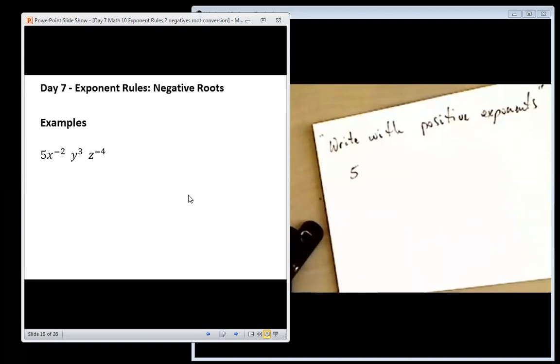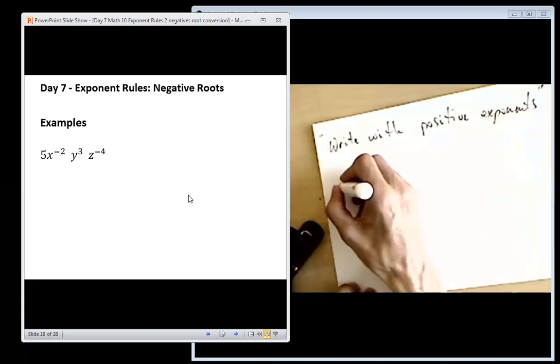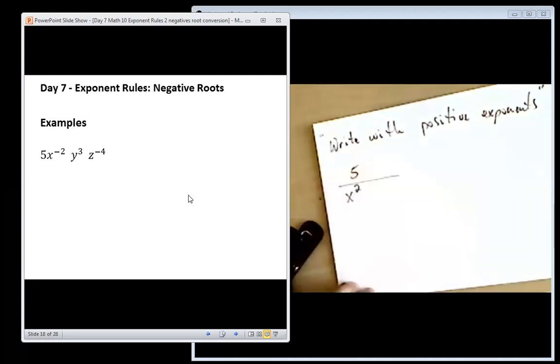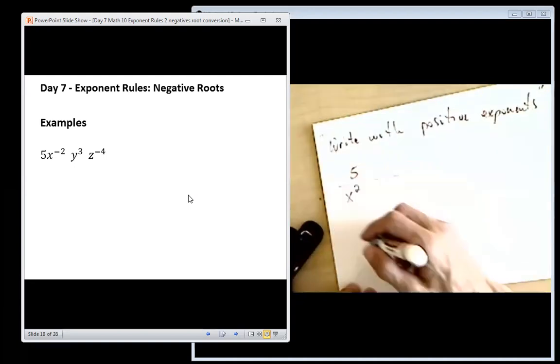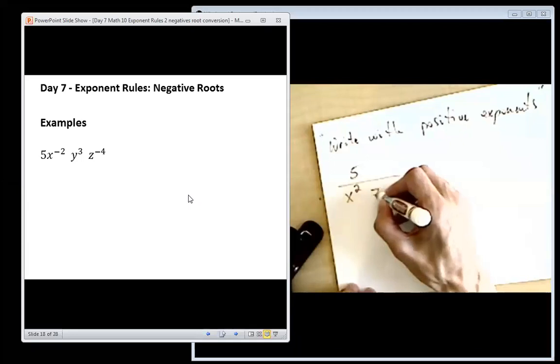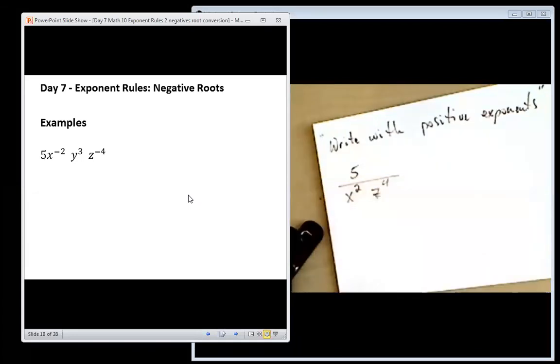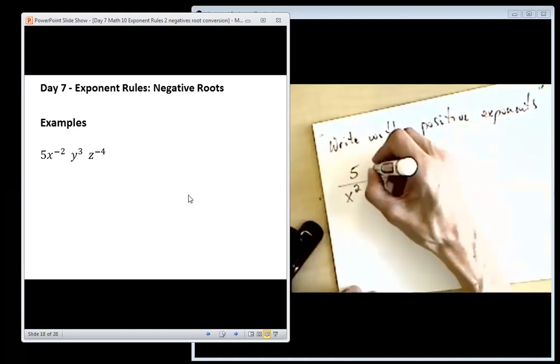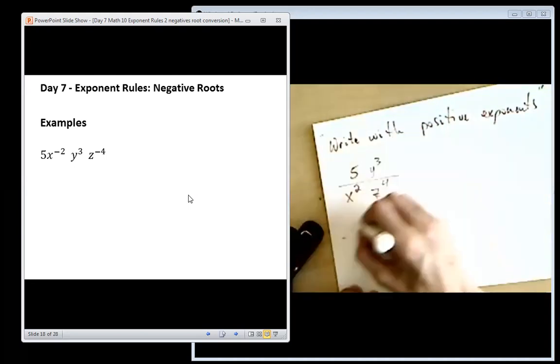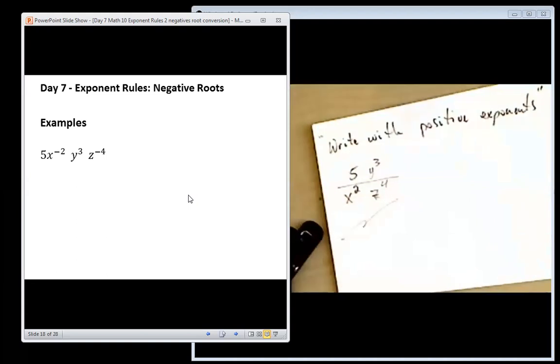Is it everything? No. The x goes, so that will be plus 2 down there now. The z goes down, so that creates a plus 4 there now. But the y already is positive, right? So it just stays as it is. So what is that? Y cubed. Done. Okay, everything's now positive exponents.